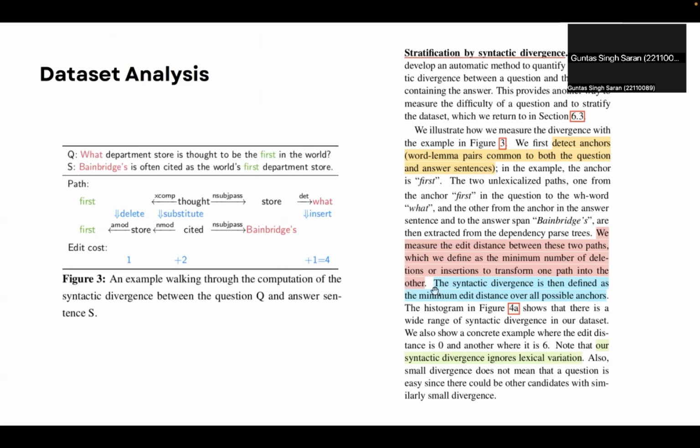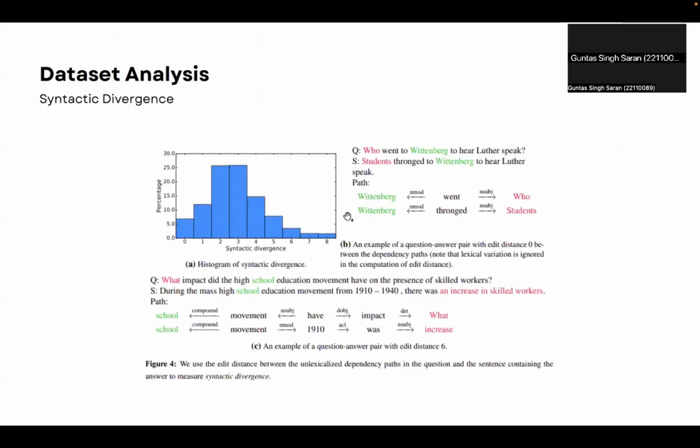That is what they call syntactic divergence. The greater the syntactic divergence, the farther away the answer was from the actual question, which might pose a difficulty in answering. Very few answers had a syntactic divergence of 8 or more. Usually they were only off by 2 or 3.